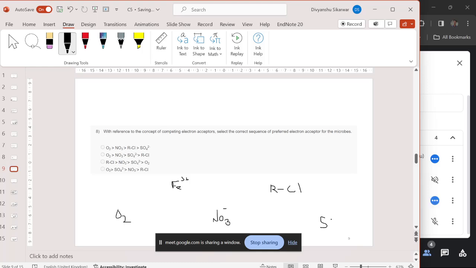Last option. Oxygen, then sulfur, then nitrate, then argon. What do you think? How should we decide the order? What is the reason behind microbes preferring one electron acceptor over another?